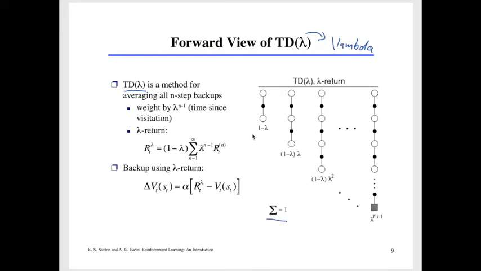So we come up with a number lambda, which is going to be in the range 0 to 1. Often it'd be something like 0.9, just like gamma, but it means something very different, right?